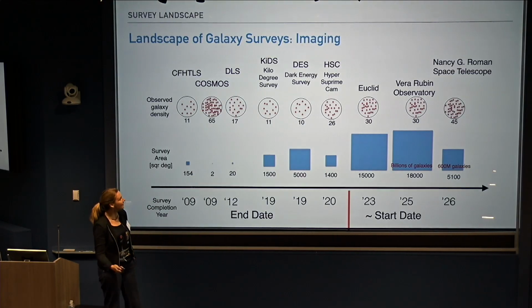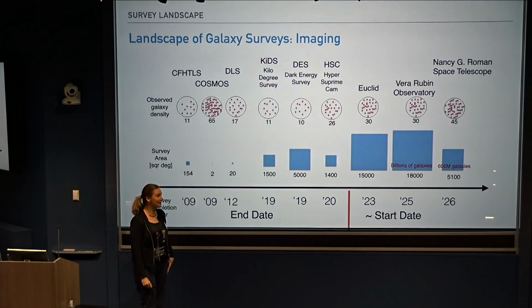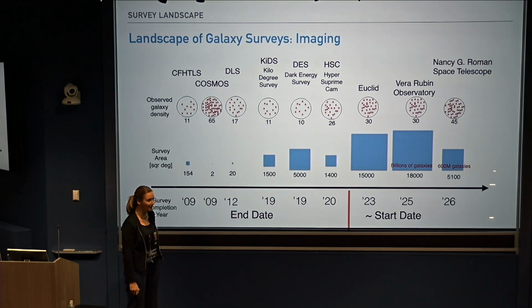So let's get the landscape of galaxy surveys out of the way at the start. You've all seen timelines. I've made enough forecasts, and many of you may have done so too, that I will not dwell on particular forecasts, how well some coming surveys will do on the equation of state.